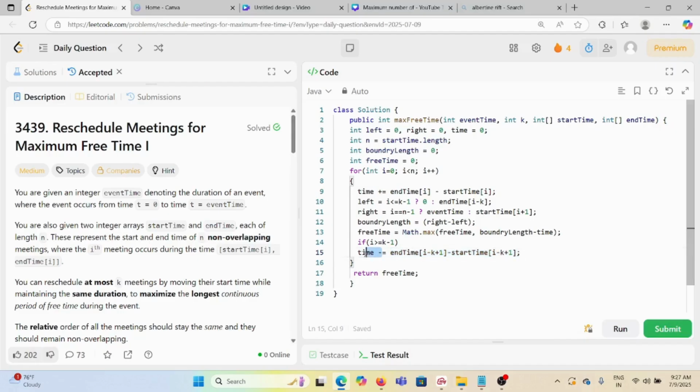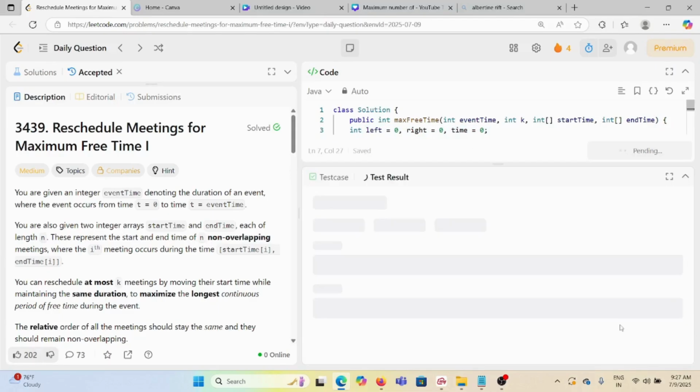We are deducting it from the time, so that we have the total time excluded for the very first one, the one which is going to be excluded from the current window. Okay, so in this way, when we come out of it, we will have this free time value hold the maximum value. So we are not using any extra space other than these few variables, and we are doing it in a single traversal.